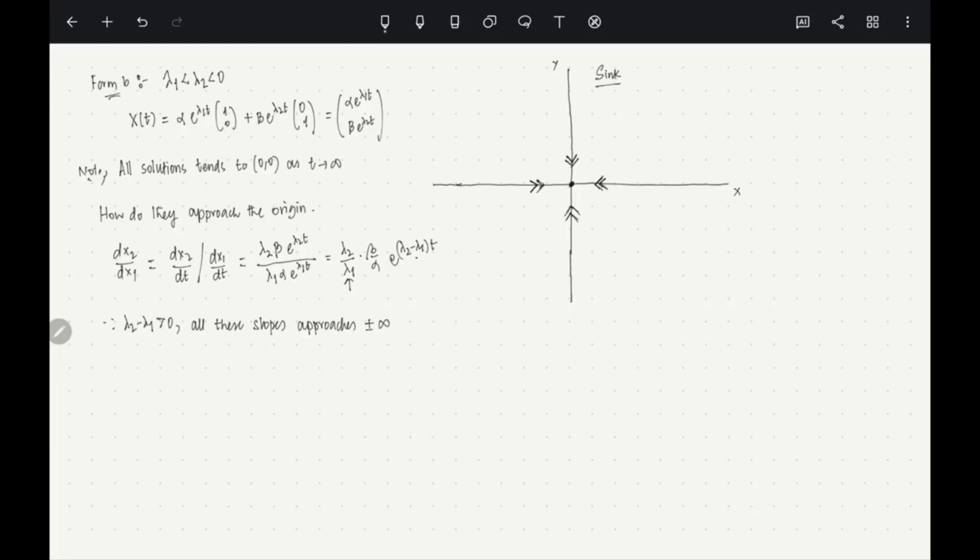Now the thing is this: how is it approaching? Again, we understand that it is approaching plus minus infinity, but how is it doing that?